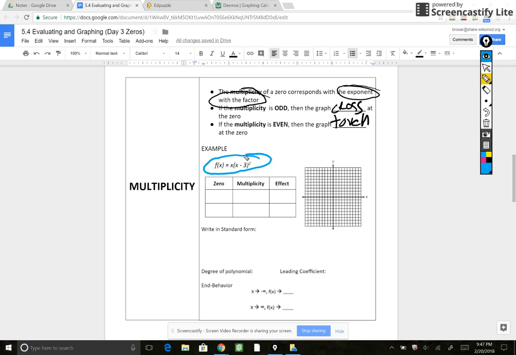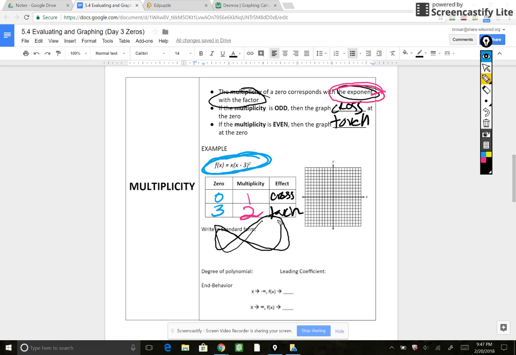So looking at this example, if I solve it, I get x equals 0 and x equals 3. The multiplicity is the exponent. So the exponent of the x is 1, and then the exponent of the (x minus 3) is 2. If it's odd, it's going to cross. If it's even, it's going to touch.